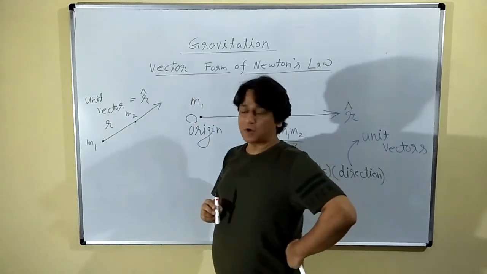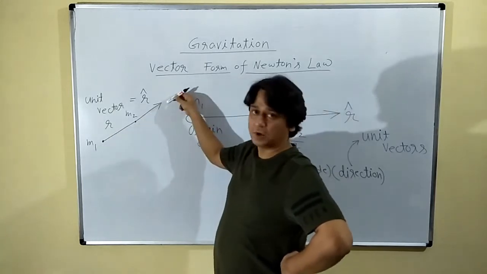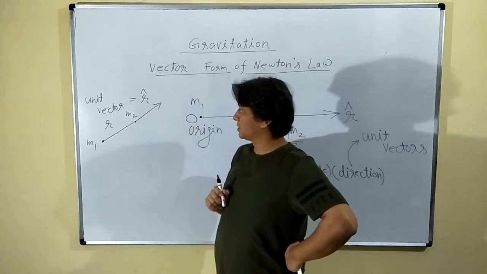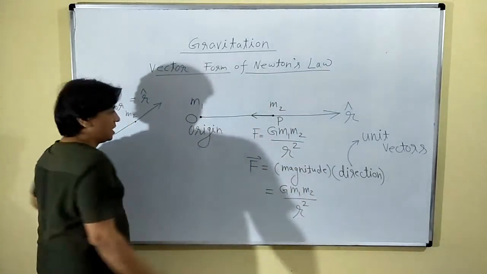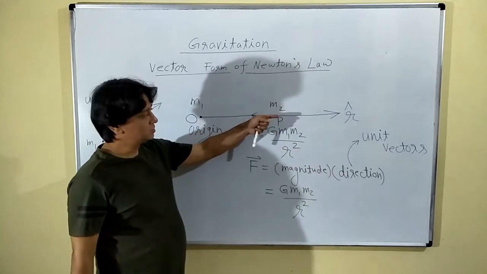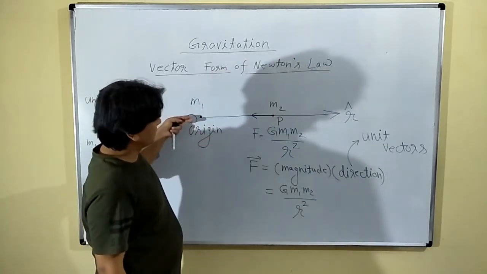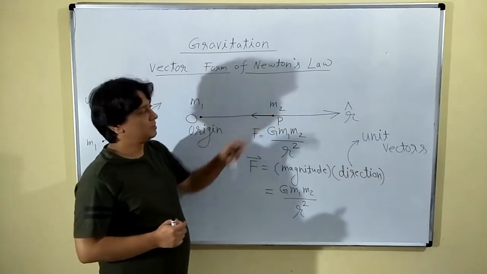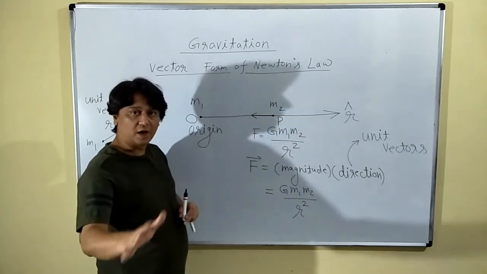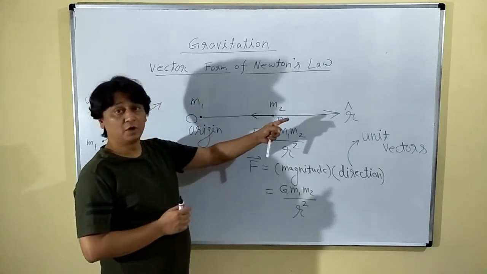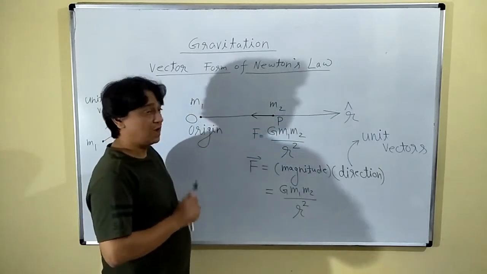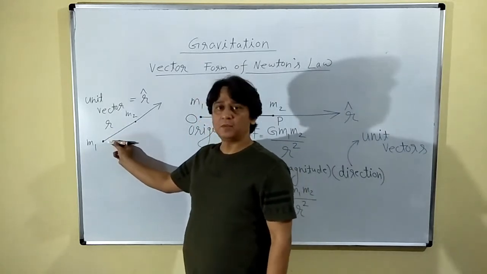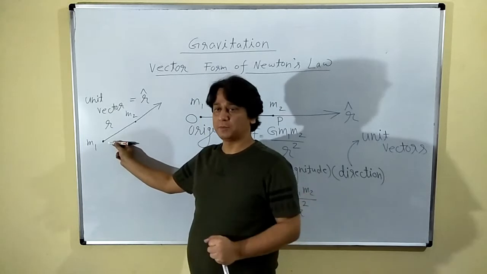What is the direction of R cap? Away from M1. Like this. Now, in this situation, this R cap you can say is parallel to what? I cap. But to keep things generalized, we will use what? R cap. Again, if somebody takes R cap like this, then R cap is nothing but I cap.